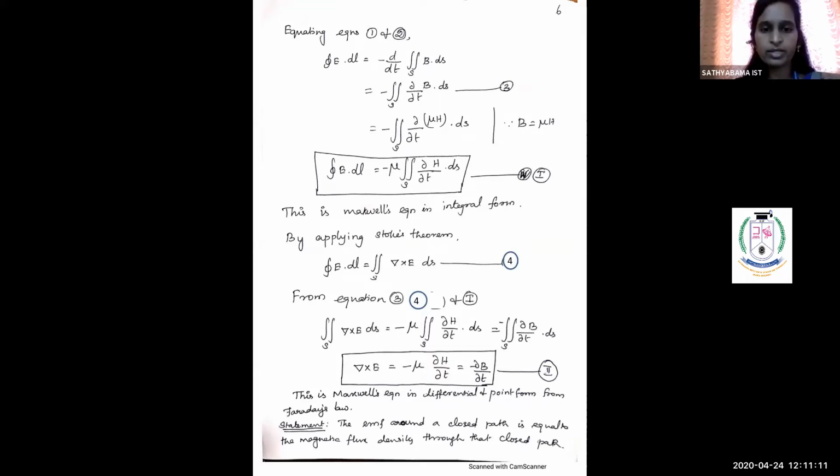So when you equate it, you will get surface integral del cross E into ds is equal to minus mu surface integral dou H by dou t into ds, which will be equal to minus surface integral dou B by dou t into ds. So when you equate all these equations, you are getting del cross E is equal to minus mu into dou H by dou t, which is equal to minus dou B by dou t. This is our Maxwell's equation 2 in differential form. This also will be called as point form. This is derived from Faraday's law.